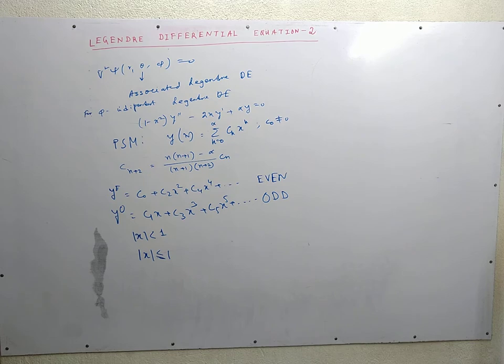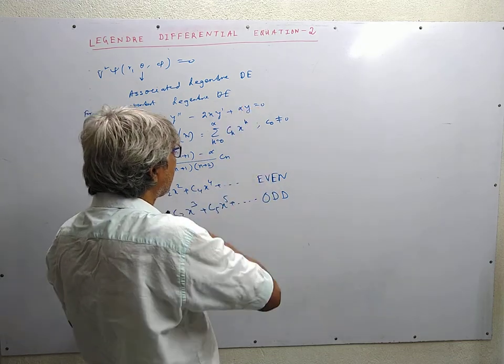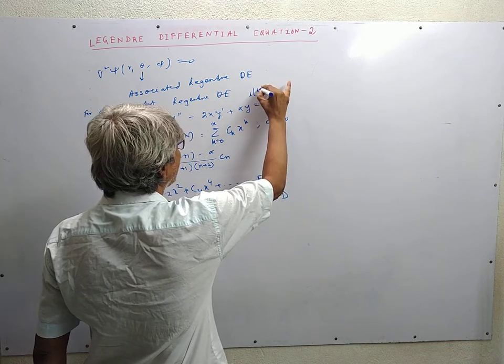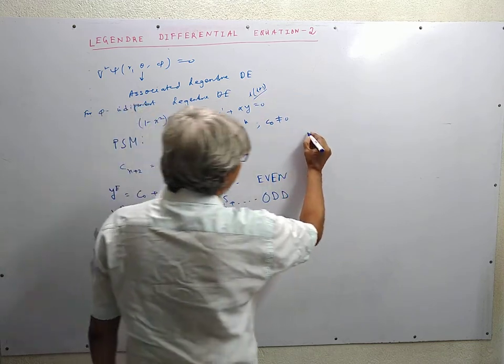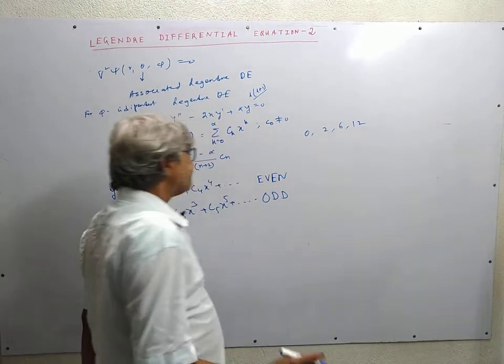To that end, we have seen that alpha cannot take any real value, but has to take a few non-negative integral values given by L(L+1). So the values are 0, 2, 6, 12, and so on.